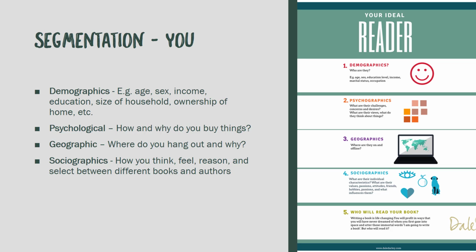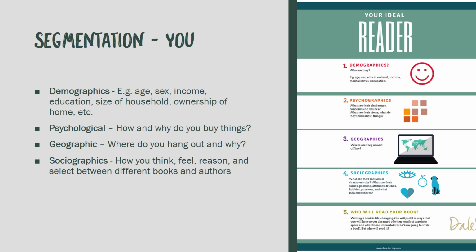I do start at the beginning and then I tend to flick around. So how do you buy books? Where do you hang out and why? So where do you hang out physically and where do you hang out online? Because this will start to help you when you come to do research about where your ideal reader hangs out and why they do.